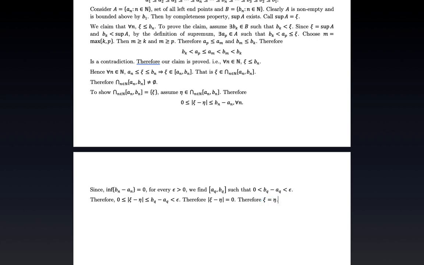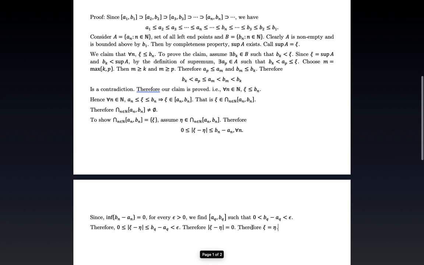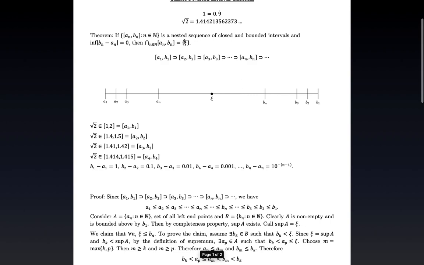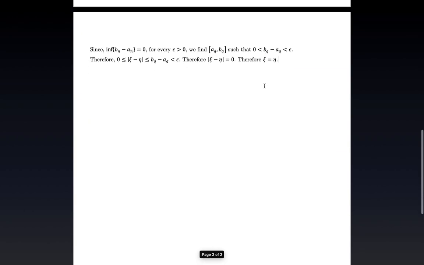So this shows that there cannot be more than one point in the intersection of all of them. So this completes the proof. Fine, the proof is done.